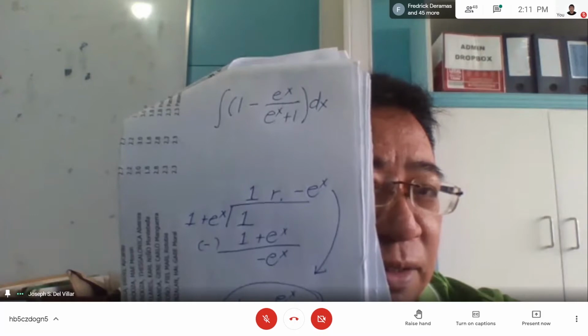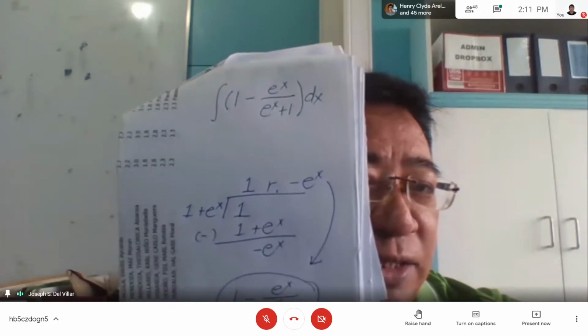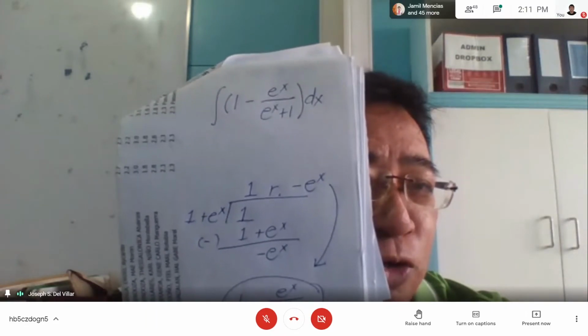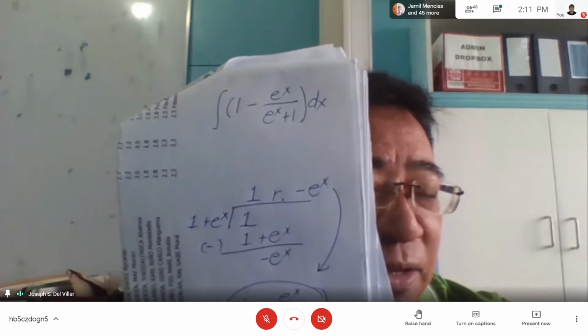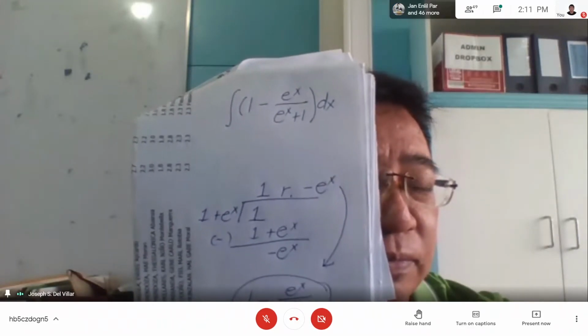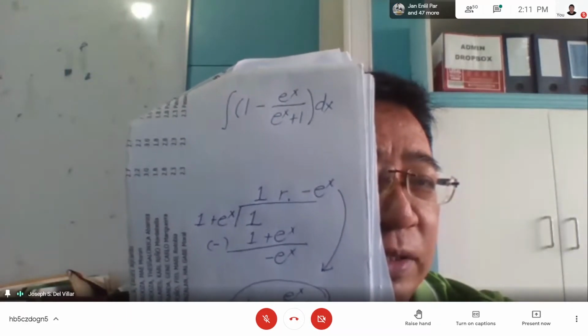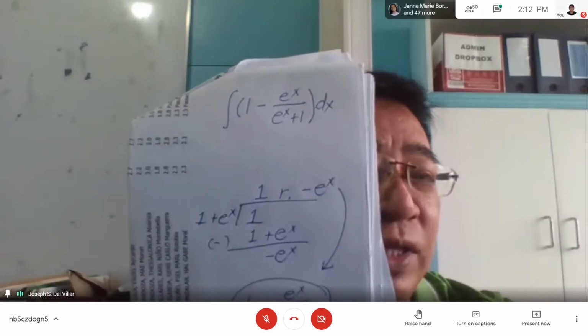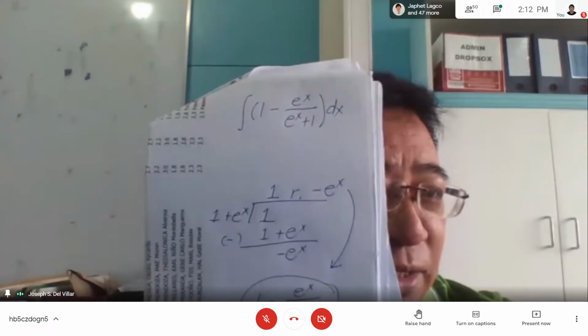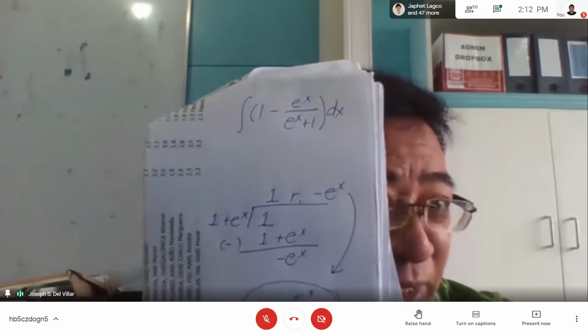So that is in rational form. So let us check if the numerator is an exact differential. So what is the differential of the denominator? E raised to x dx. Is it exact or not? Exact, right?